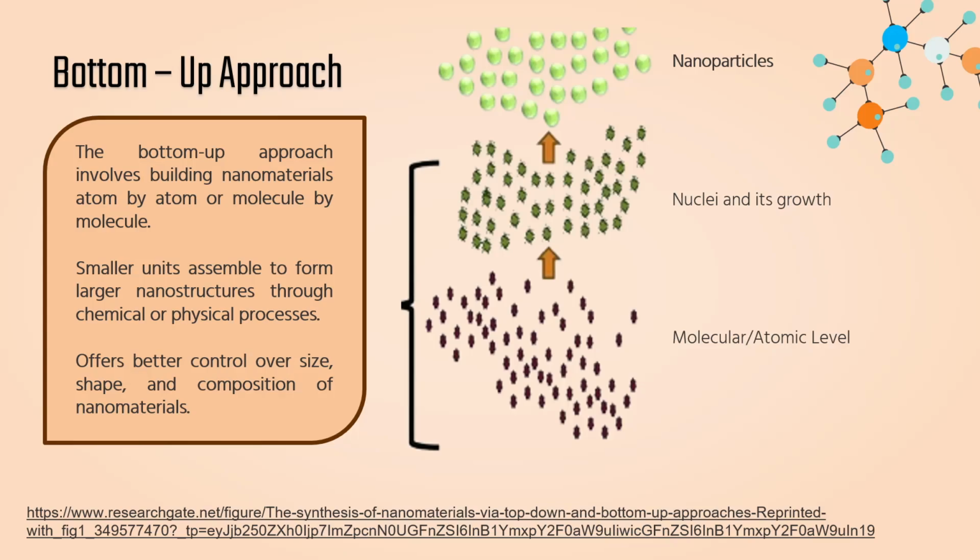This approach provides excellent control over particle size, shape, and composition, making it highly suitable for synthesizing functional nanomaterials. The schematic diagram shown here represents the gradual formation of nanomaterials starting from the atoms. As you can see, there is molecular or atomic level. Slowly it grows, nuclei and its growth, then nanoparticles are formed.